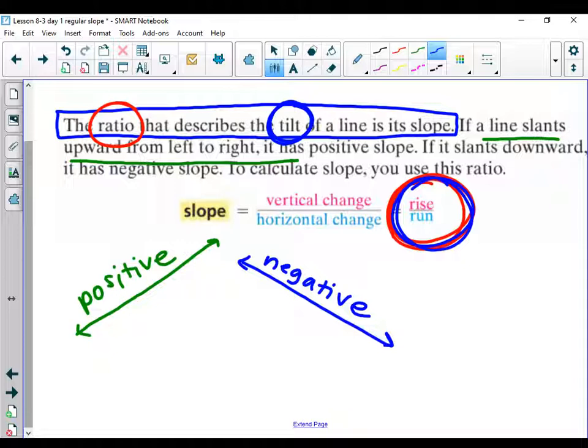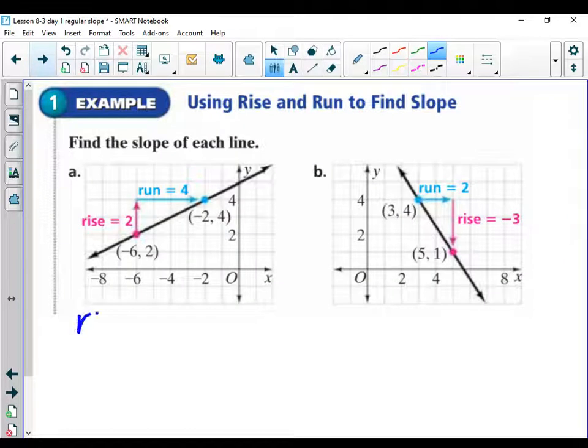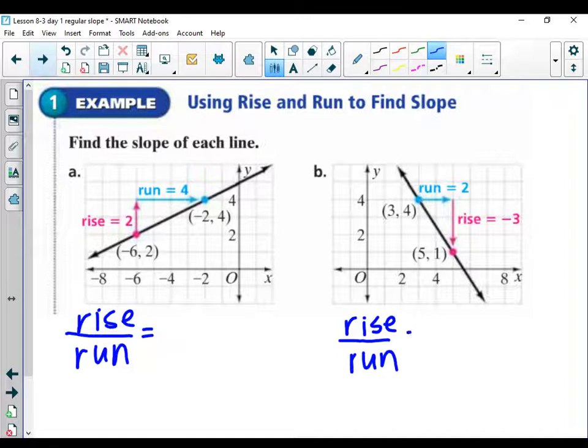We're trying to make answers that are ratios of rise and run. So I'm basically looking for what number can go on the top of the ratio and what number can go on the bottom of the ratio.